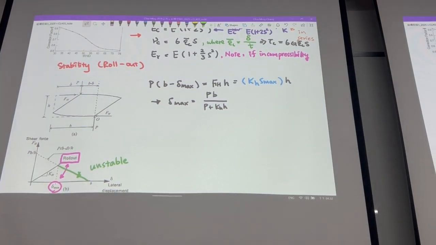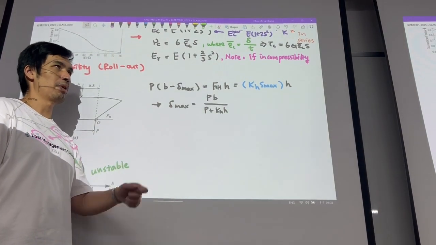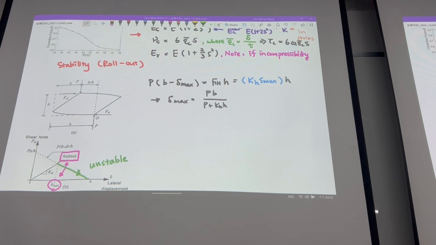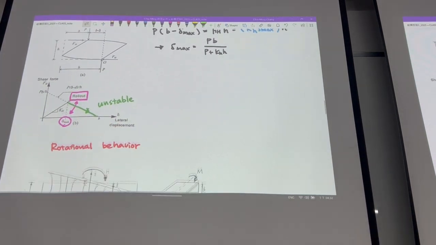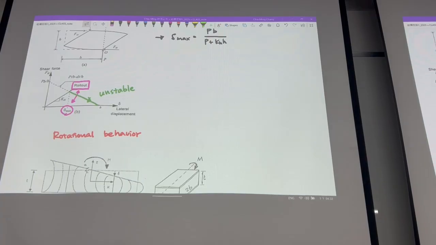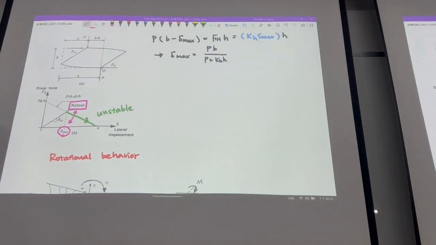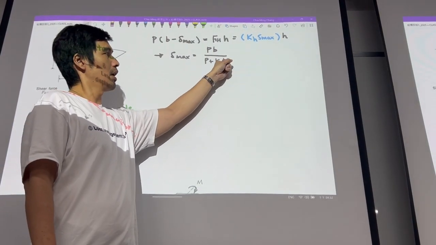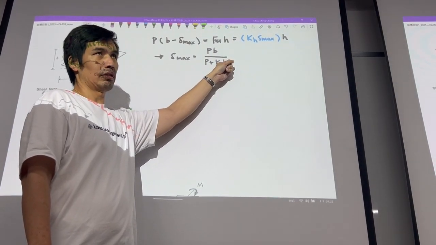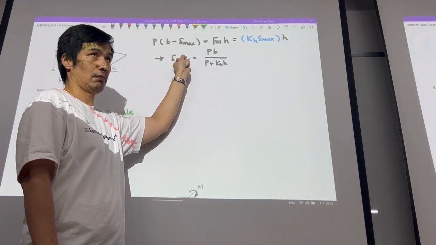Stability, you have the two kinds. One is for the displacement. So that's the maximum displacement you can apply to the isolation valve. Looking at this equation, if you lower down the total height, you can increase this number.